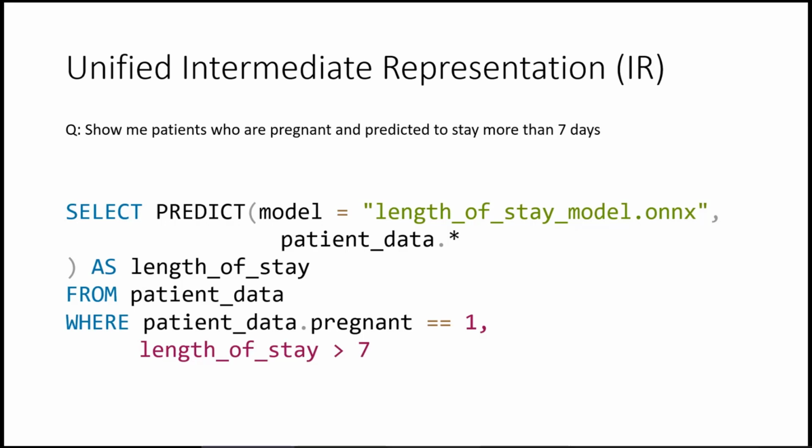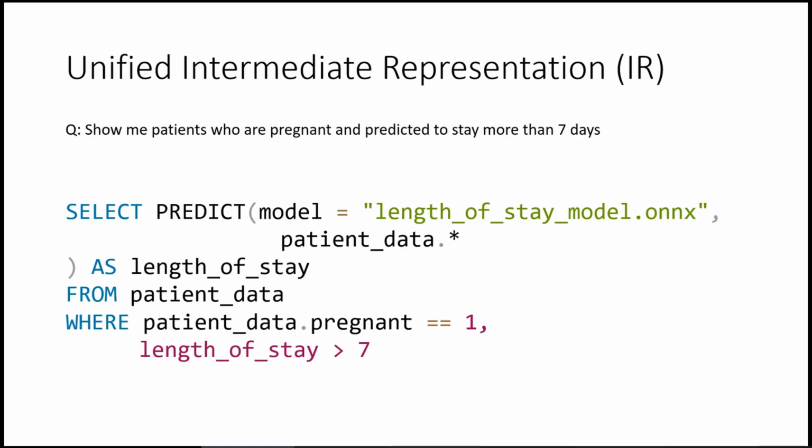So the first stage of Raven is coming up with this unified intermediate representation. So again, I have a query here: show me patients who are pregnant and predicted to stay more than 7 days. And so we'll have a query where you select predict to give it the name of the model.